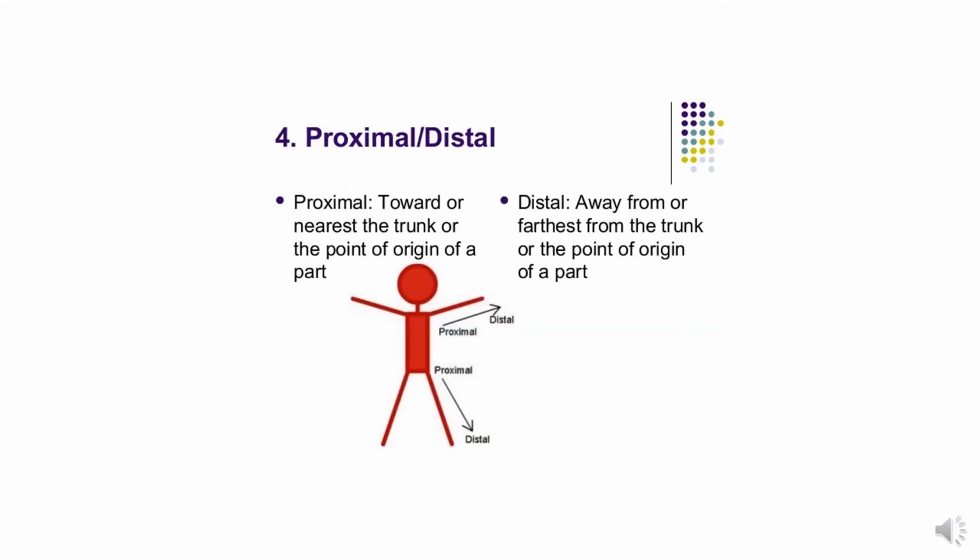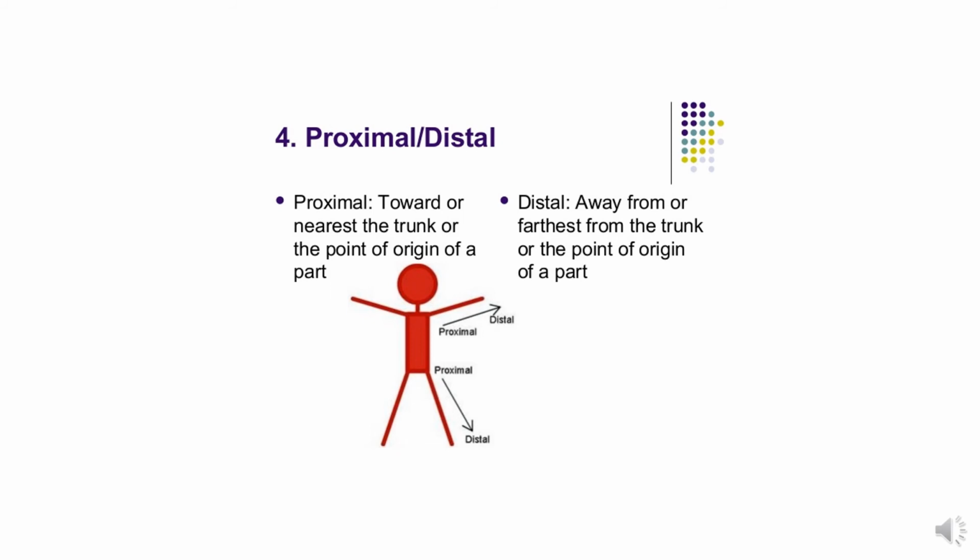The proximal and distal. Proximal means towards the origin or beginning of the structure. Distal means away from the origin or the beginning of the structure. Now these terms are usually used in the limbs, that is the appendicular part of the body.